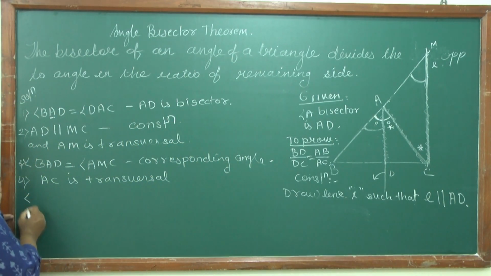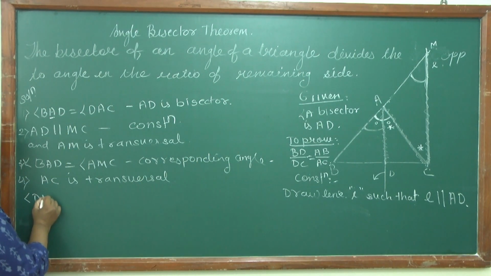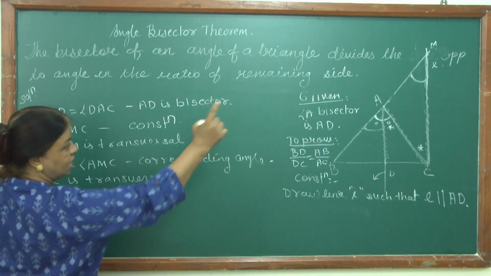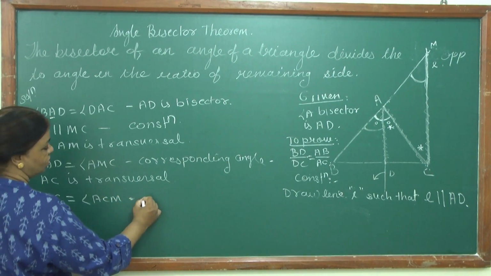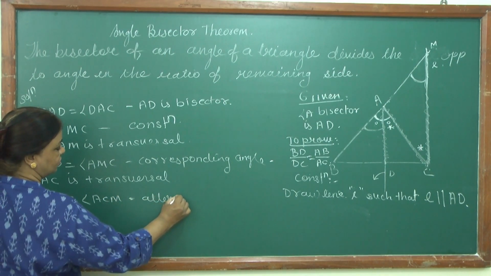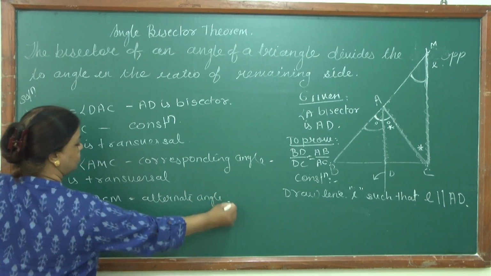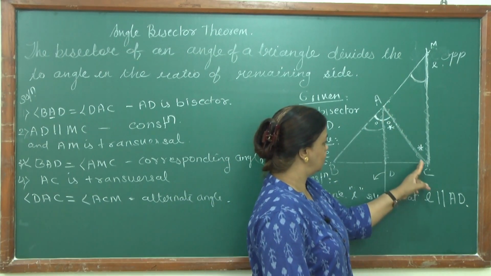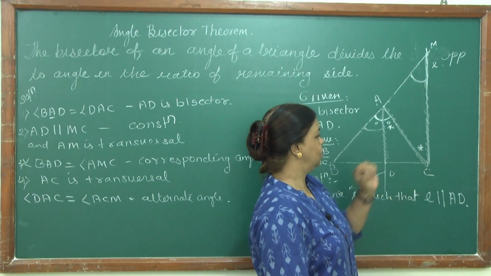So angle DAC is equal to angle ACM and this is alternate angle. You understood children? This is forming a Z, AC is a transversal, so this angle is equal to this angle.